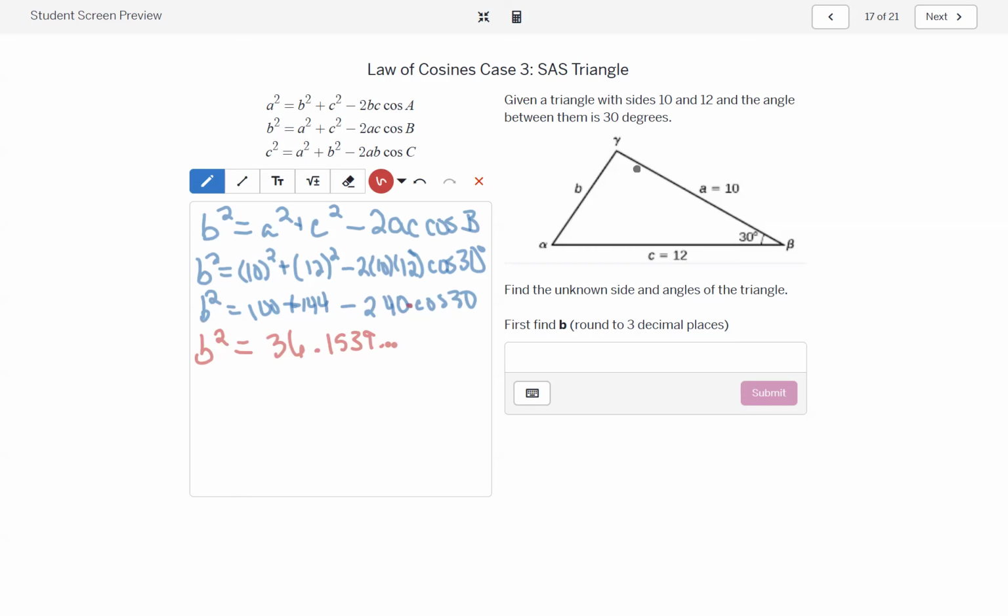Yeah, so 36 is way too big. 10 and 12 cannot bridge a 36 measure gap. But the formula was b squared equals 36. That's the other calculation mistake some people will make: they'll forget to square root.